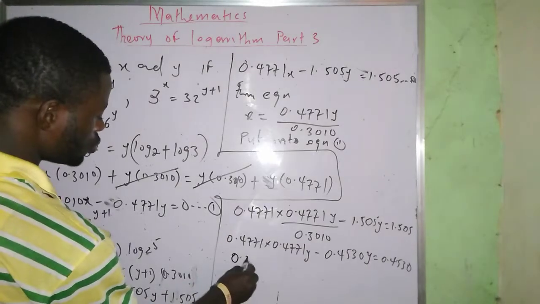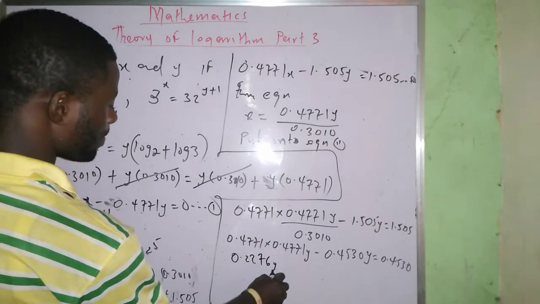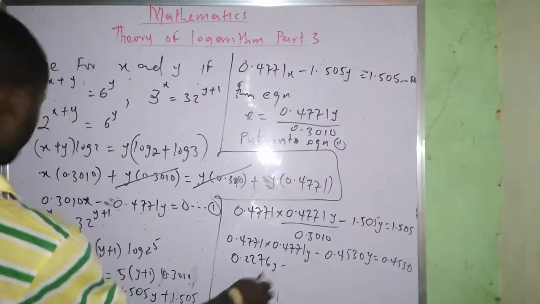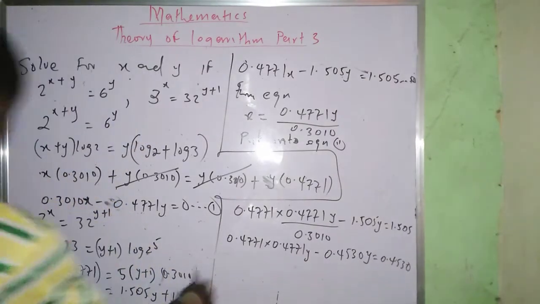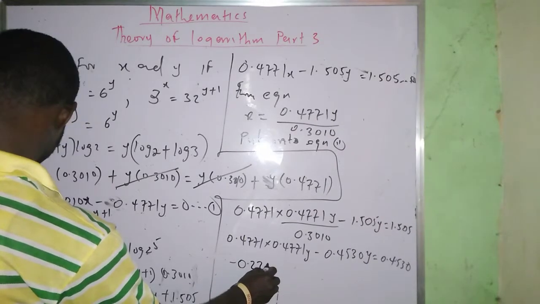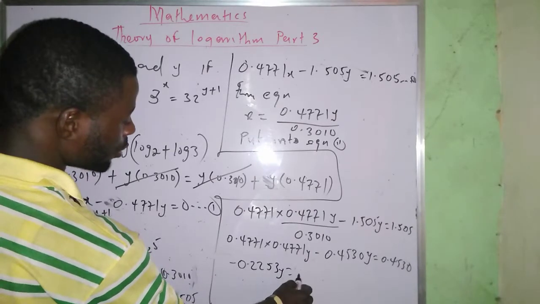This one will now be 0.2276y minus 0.4530y equals 0.4530. If I multiply and subtract, I'll be having minus 0.2253y equals 0.4530.